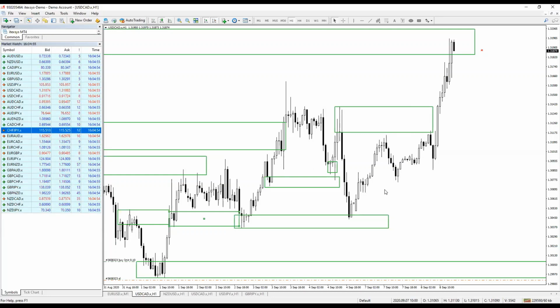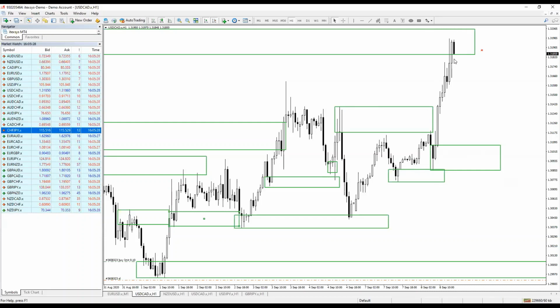Okay, so another demand. Here's the decision for price to originate higher highs. Let's make it more precise. And price hit this and continued. So you can see that supply and demand is very effective when you are trading on a trend.